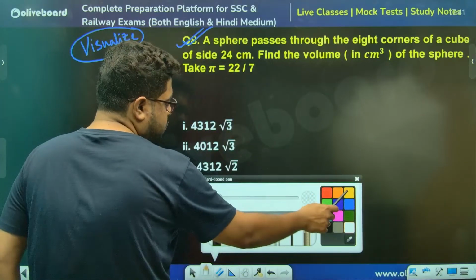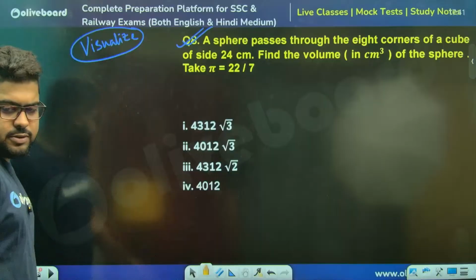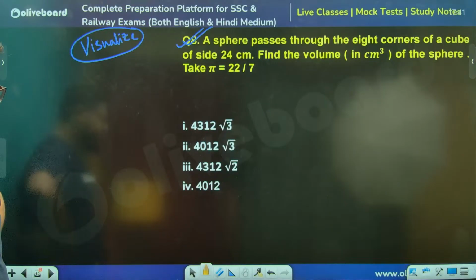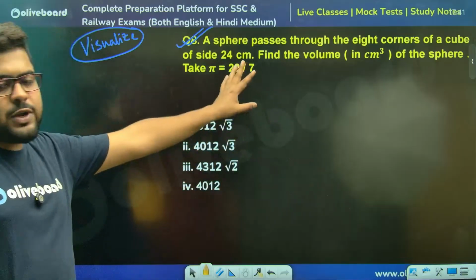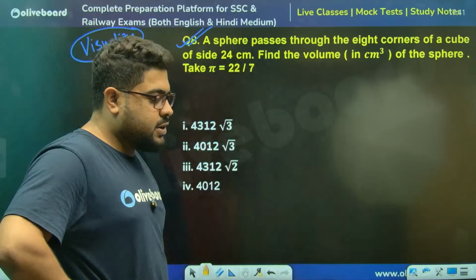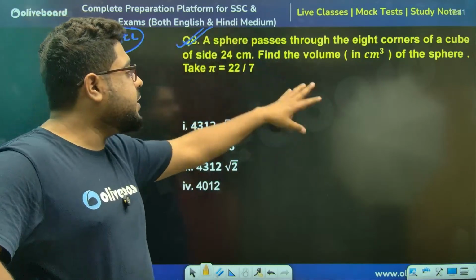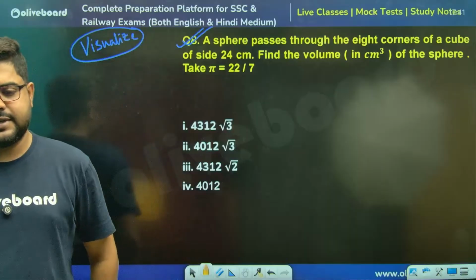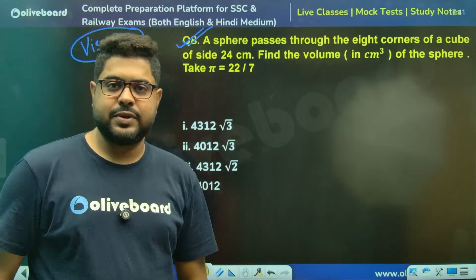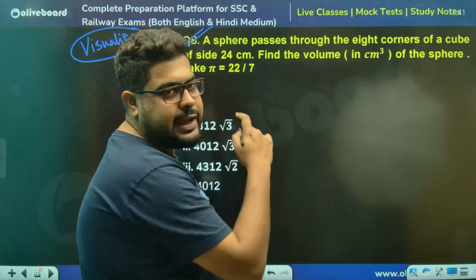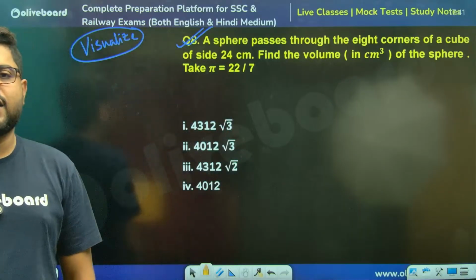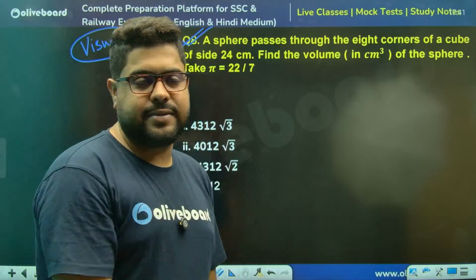I don't know. Have you zoomed a little bit more? Chalo, this is what? Visualize, sir. Sphere cannot be drawn in a 2D space. It's impossible. It will look like a circle, right? So it will look like a circle passing through a kind of a square.